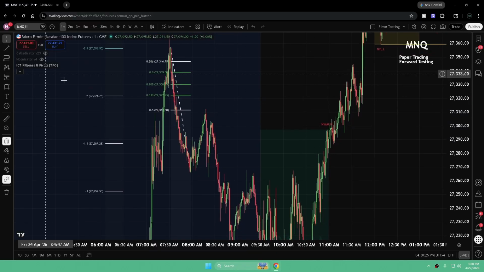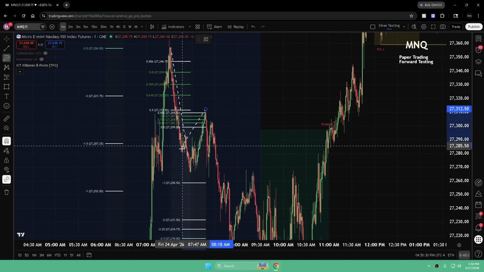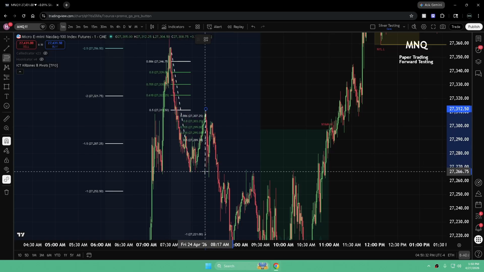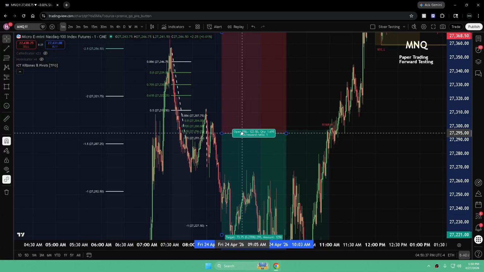If not 0.5, you take the next leg, right? This one to this wick right here, and you can get in shorts right here.